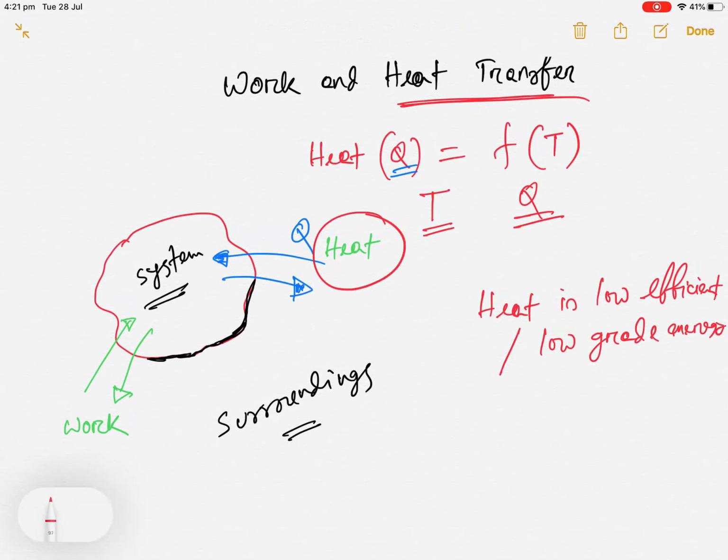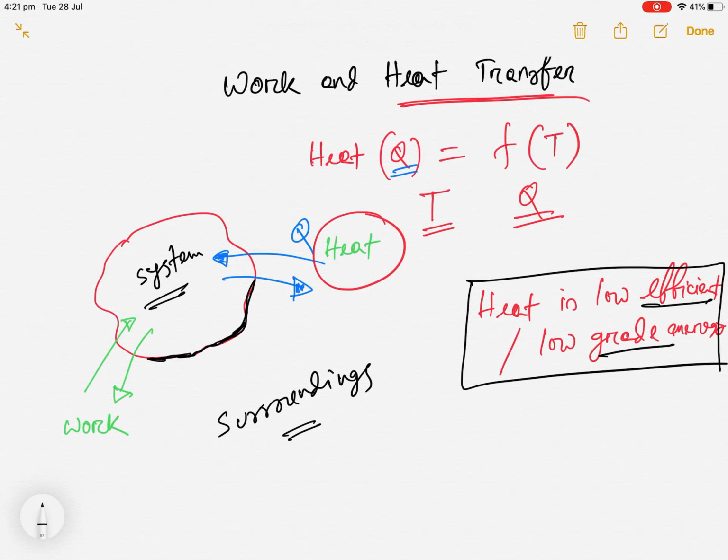I said heat is low efficient or low grade energy. What does it actually mean? This term efficient or grade means how the heat converts into another form of energy, let's say how it converts into work.